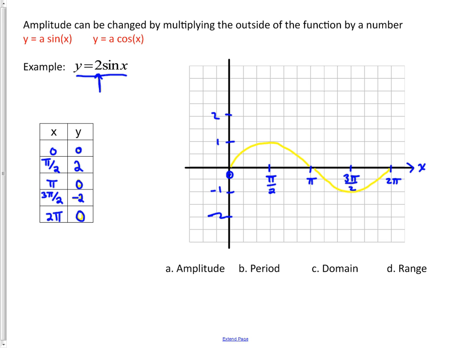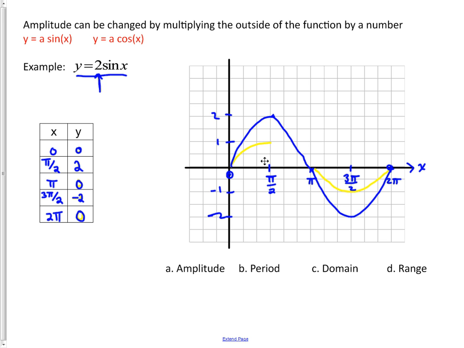But we're going to use 0, pi over 2, we come to 2, pi, we're back down to 0. Pi, we go down to 3 pi over 2, and then at 2 pi, we're back to 0. It's a nice smooth sine curve. Use your imaginations a little bit there.